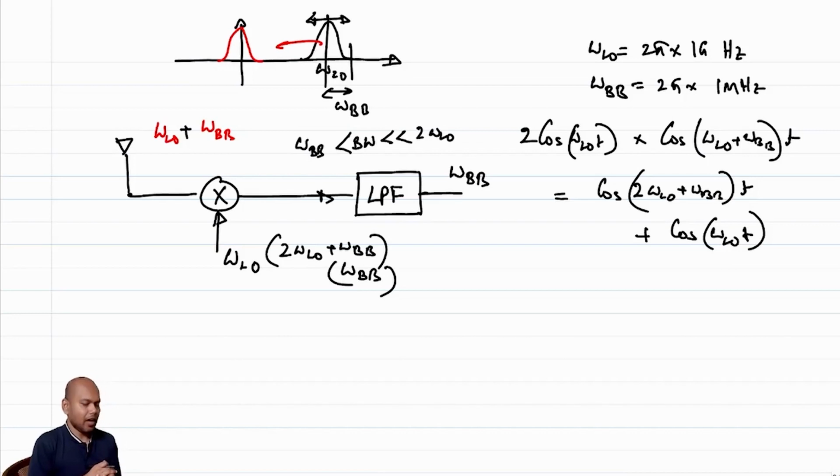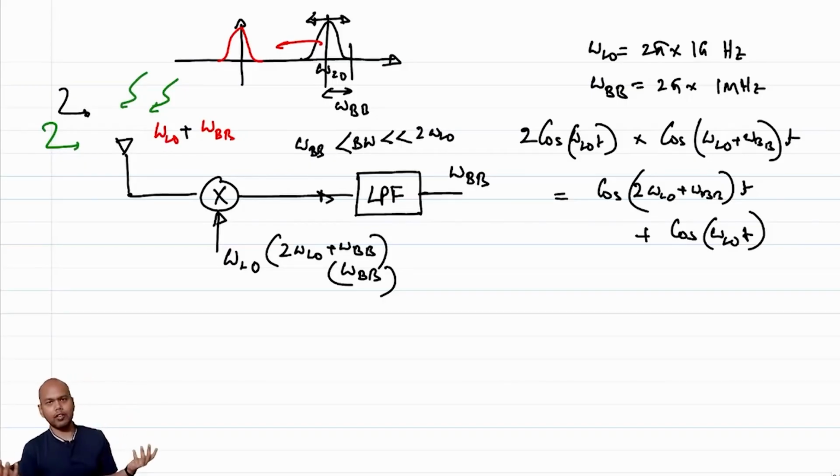But maybe I am expecting a signal from 935 megahertz, right? The key point to appreciate here is that you are going to get signal, like it or not, from all different channels, all different bands, and they may be very close to your own reception band of omega L.